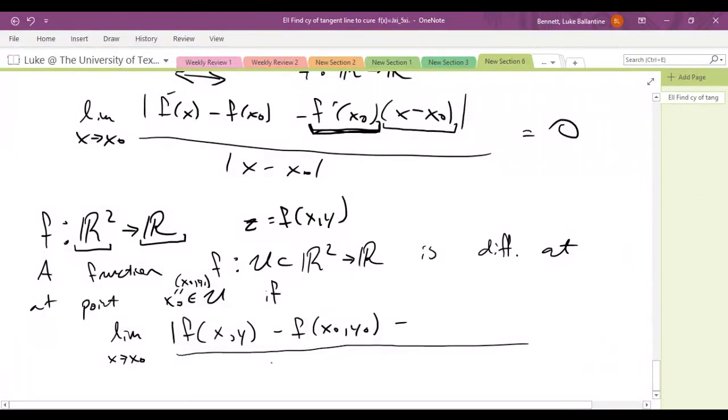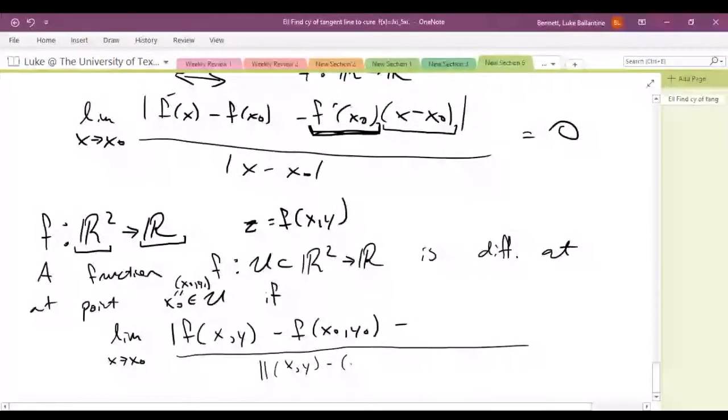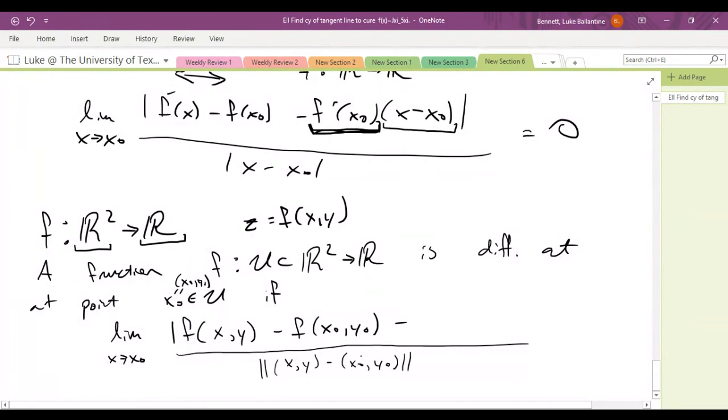So this would be the norm of x y minus x naught y naught, which we could just say is x minus x naught for shorthand.